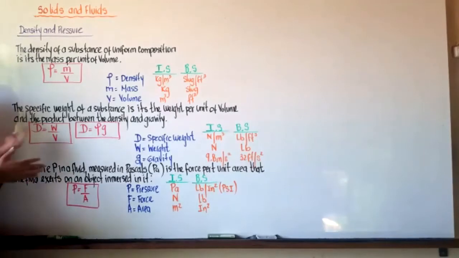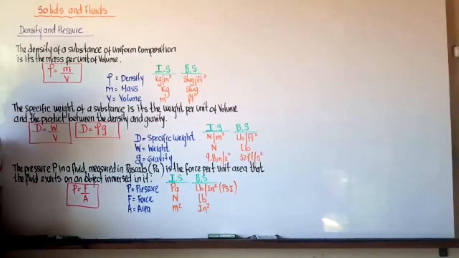specific weight of a substance: it can be the weight of any body divided by the volume, or if you wish, we can multiply the density times the gravity. Remember, these are the units of specific weight.